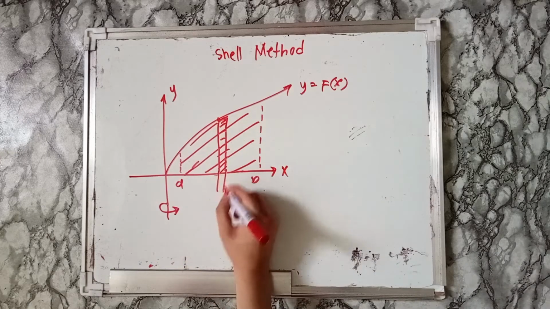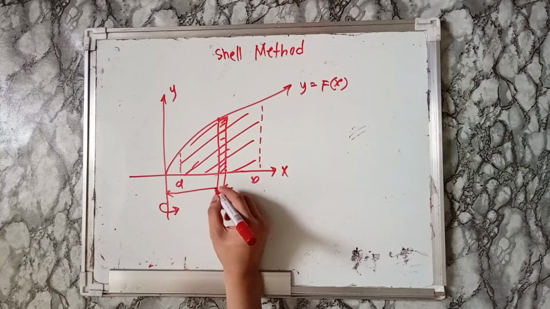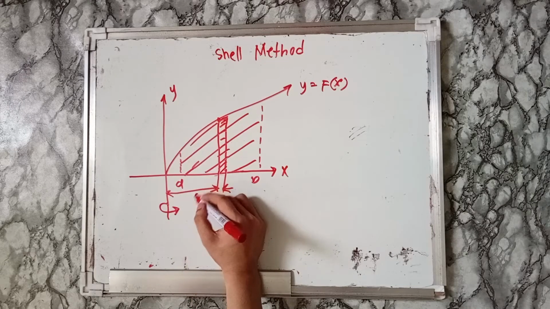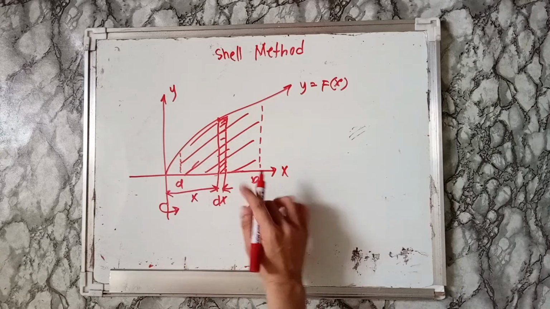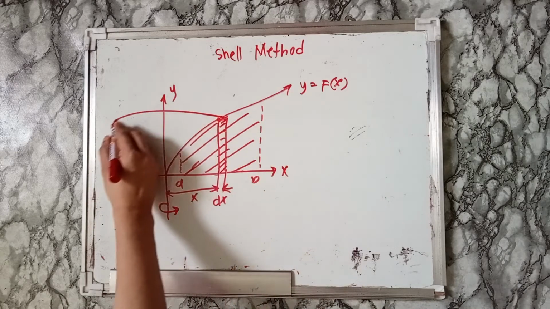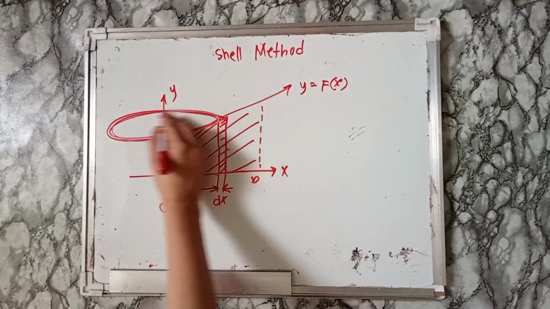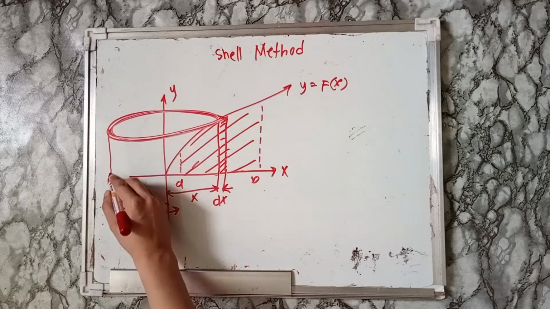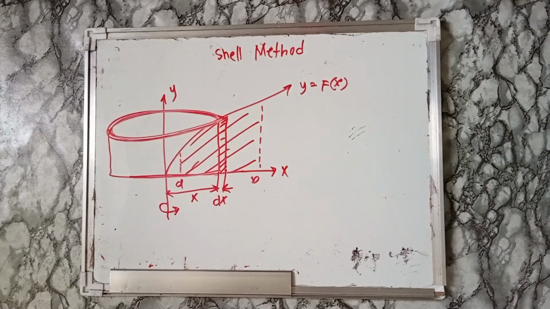So this is dx and this is x, right? Now if we rotate this, it will look something like a tin can, right?